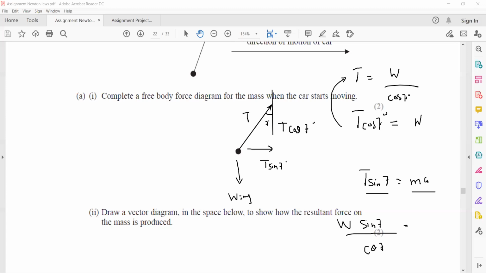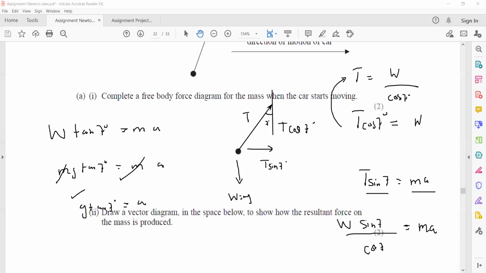So sin 7 divided by cos 7, sin theta over cos theta, equals tan theta. So this will become W tan 7 degrees equals ma, and W equals mg. So mg tan 7 degrees equals ma. m will cancel with m, so I can say g tan 7 equals a. g is gravity 9.8, tan 7 you can work out with a calculator. You will get the acceleration.